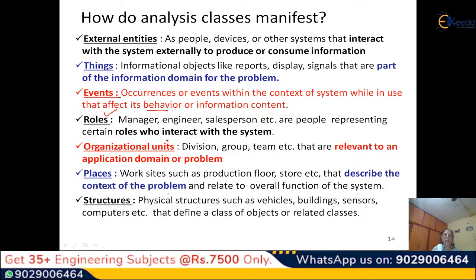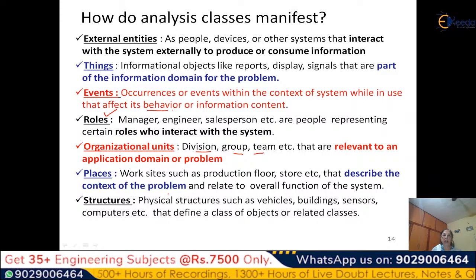Organizational units. There can be organization divisions, sections, groups, teams, class, departments, and then there will be places, workplaces, or cities, or production floors, buildings, or seminar halls, things like that. Then there will be structures. So what is structures?